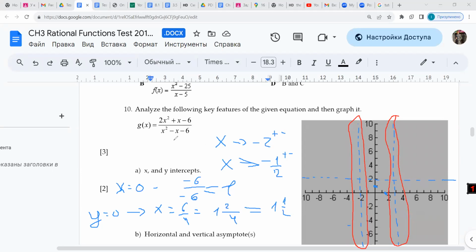Okay, guys, are you ready to continue? Did you find the behavior of the function around -2 and 3? Guys, are you with me?